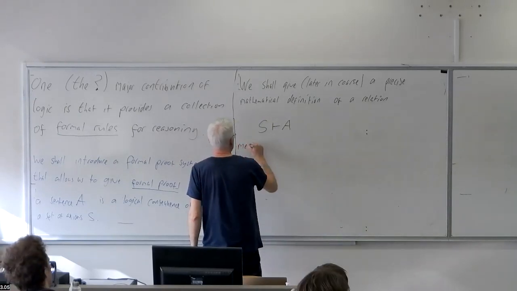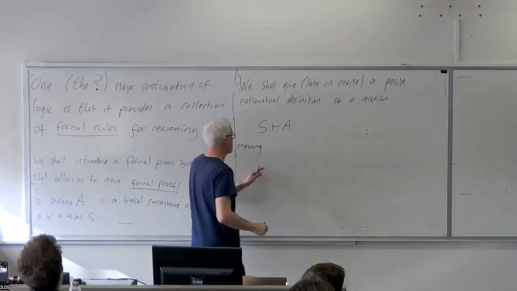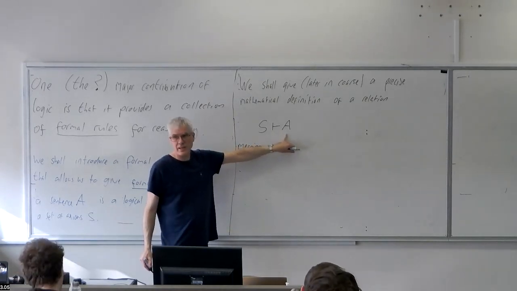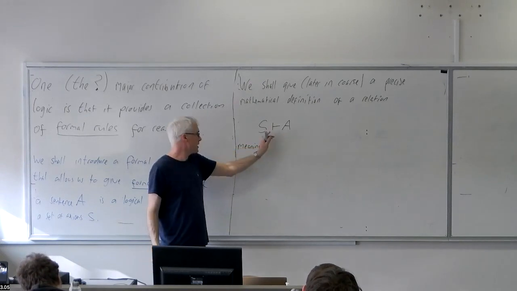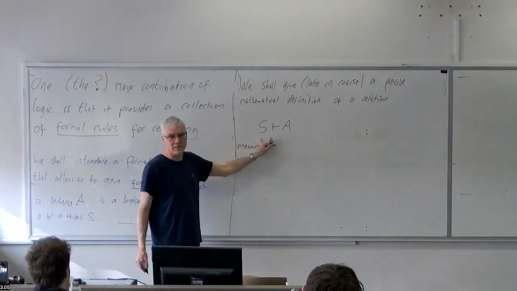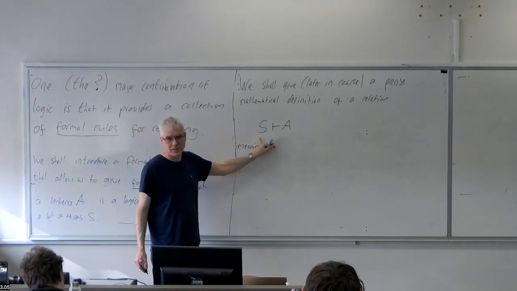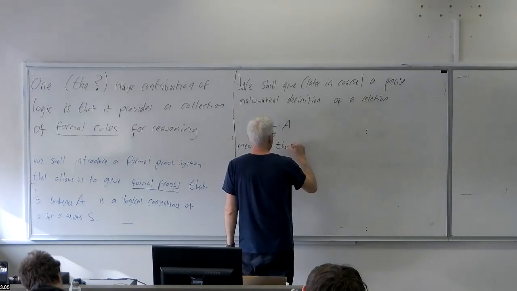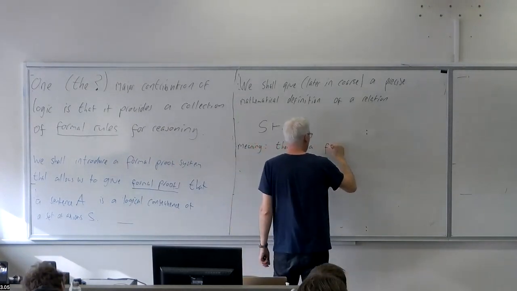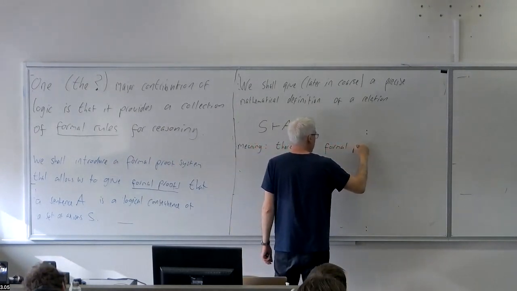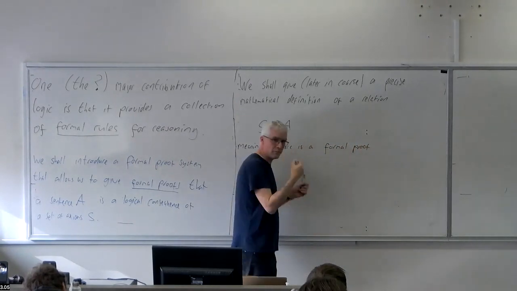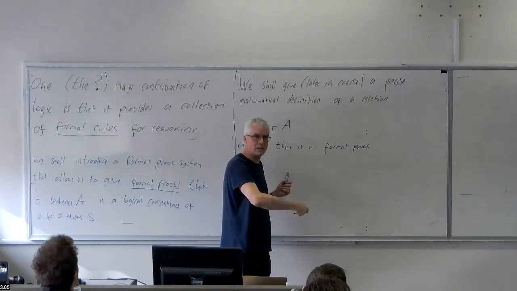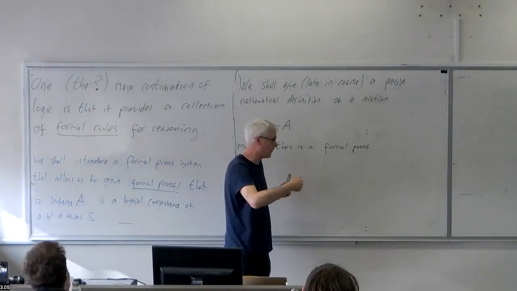What this means is there is a proof of the sentence A using only axioms from the set of axioms S, meaning there is a formal proof, not just a proof, but a formal proof. That's a precise sequence of inferences following the precise rules of inference.